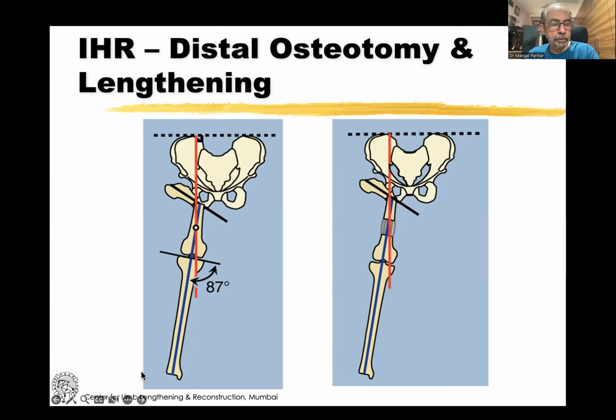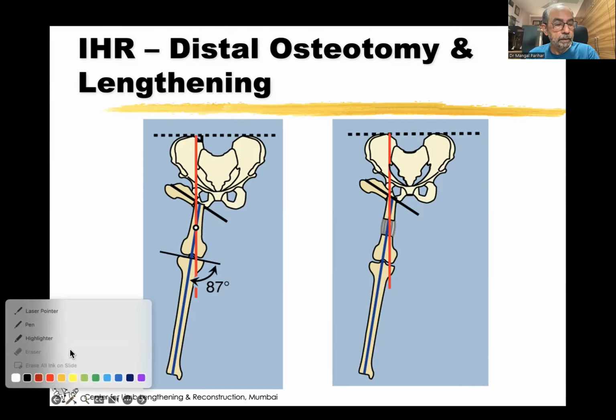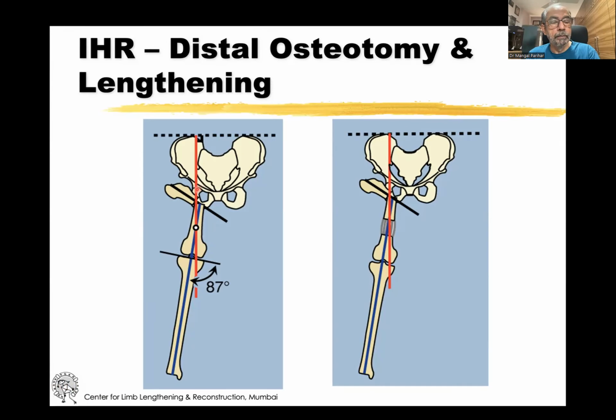So here you can see that if you don't do this, the mechanical axis would pass from this point of the acetabulum to the distal tibia, and that would be a valgus force that would go somewhere over here.